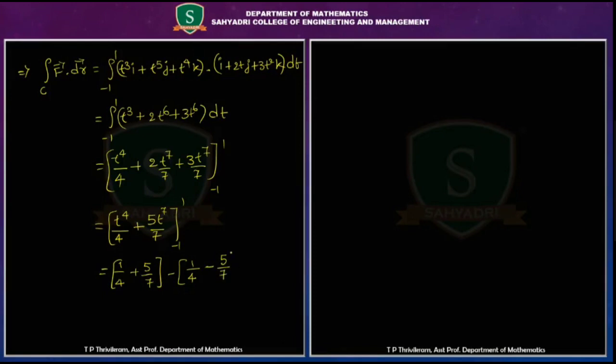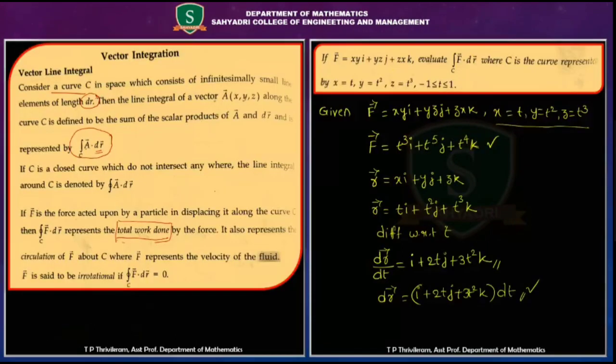So plus 1 by 4 minus 1 by 4 get cancelled. Minus of minus will give plus 5 by 7 plus 5 by 7. So the total will be 10 by 7, which is the answer for your integral f dot dr over the given curve C. Okay, so just go through it once again. If you get any doubts, check once.